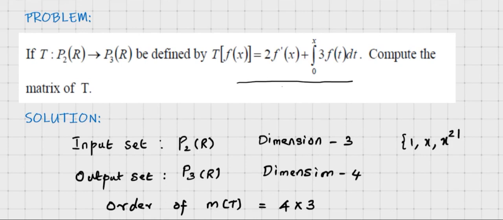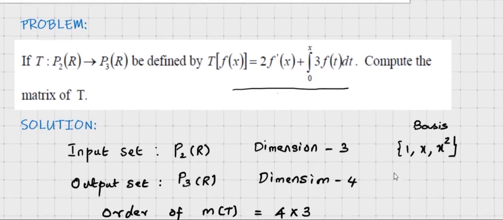So it contains 3 elements, and its dimension is 3. Similarly, the basis of the output set is 1, x, x square and x cube. So its dimension is 4. As we saw in the result, if the input set has dimension 3 and the output set has dimension 4, the matrix of T has order 4 cross 3.